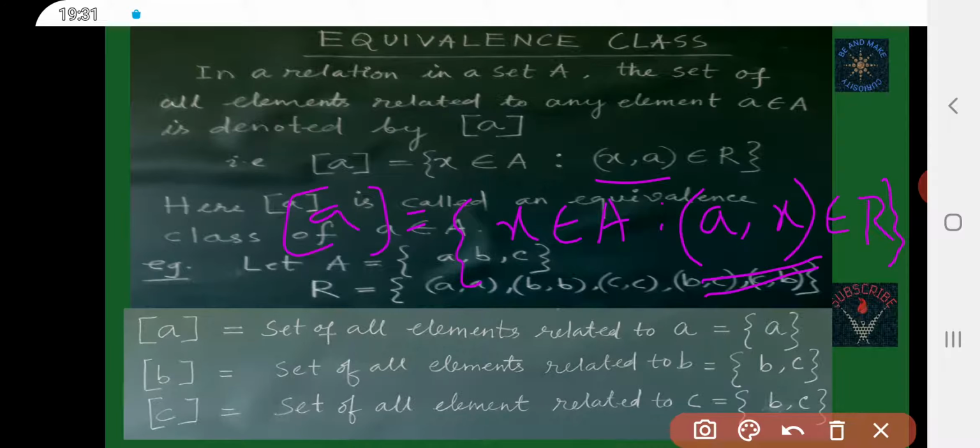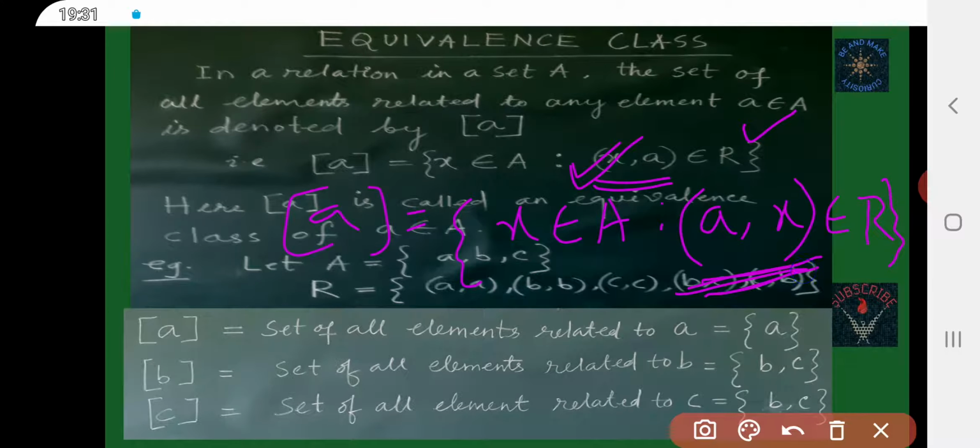Why? Because you know that R is an equivalence relation, and an equivalence relation means the relation must be symmetric. Then if this ordered pair belongs to set R, then we must have this ordered pair also.